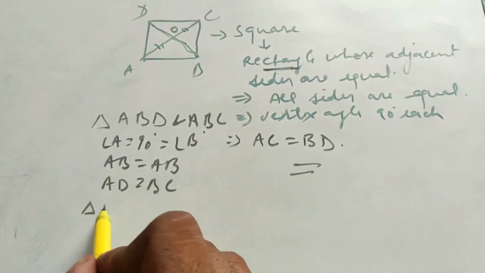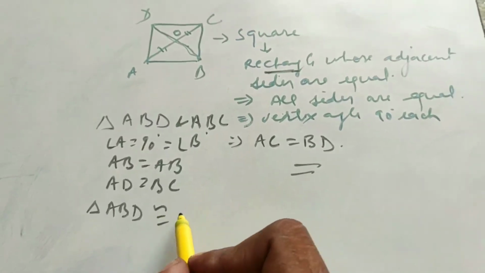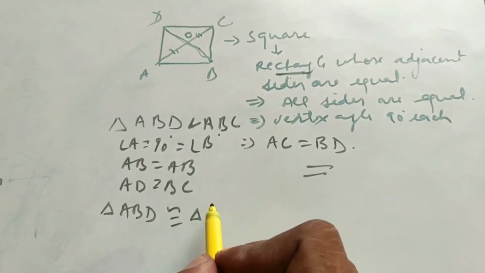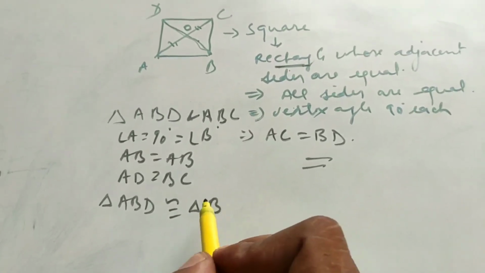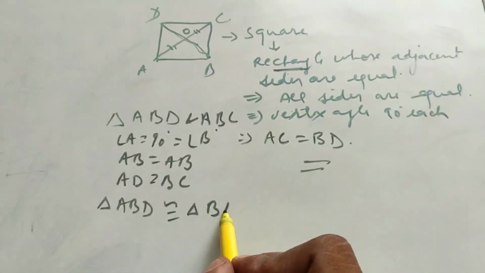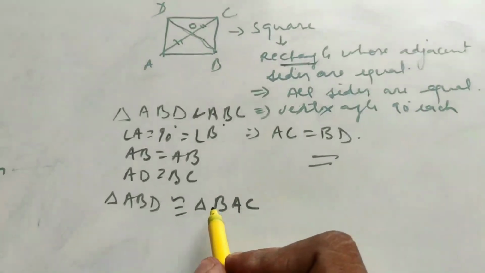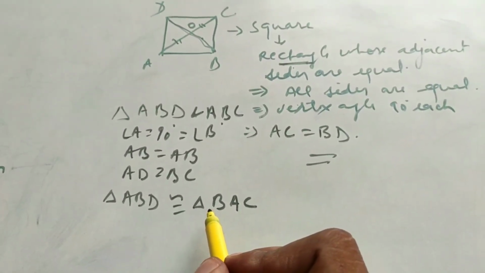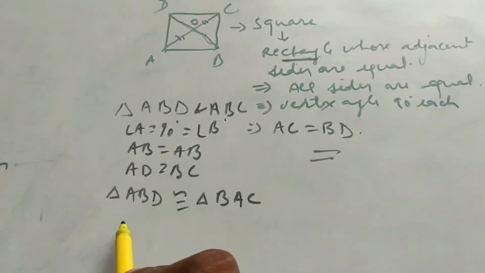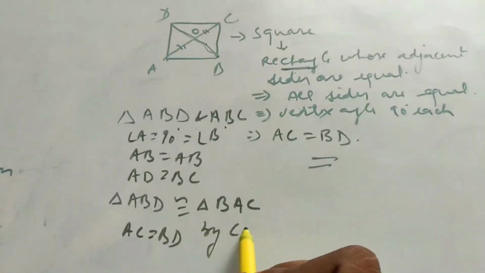So clearly triangle ABD will be congruent to triangle BCD will be congruent to triangle BAC. So we have the result AC equal to BD by CPCT.